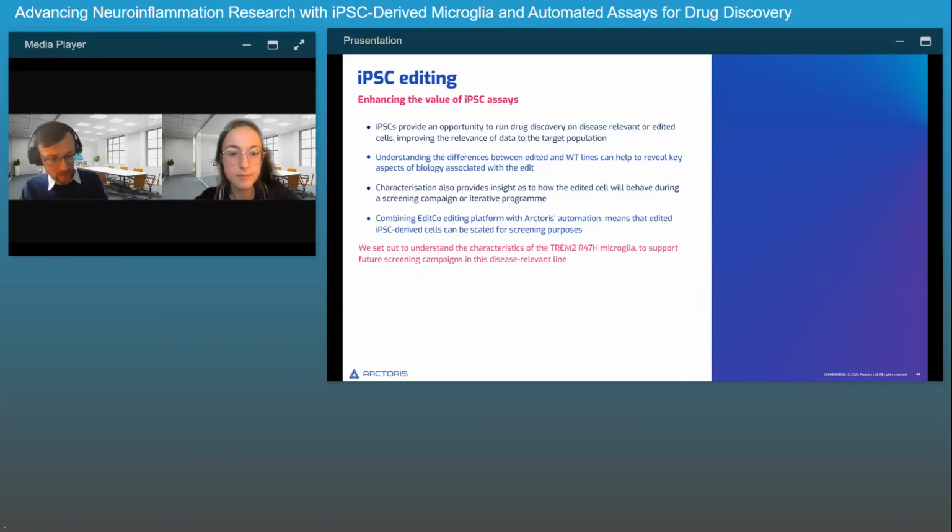So your initial screening, your iterative design, all your chemistry is then done on a disease-relevant line, so that when you get to clinic there are fewer surprises, because you've kept your target population in mind throughout your drug discovery process.